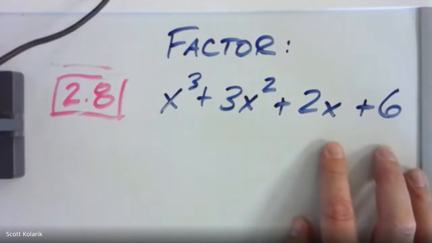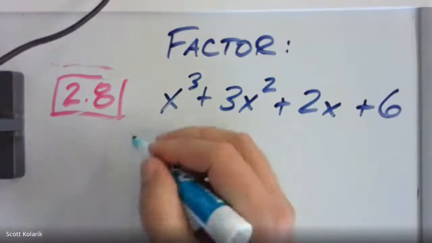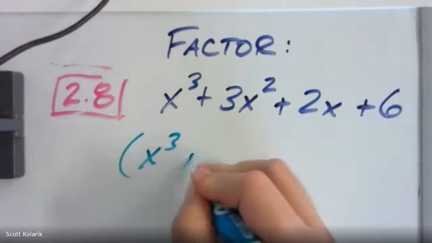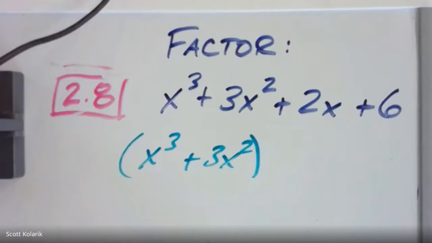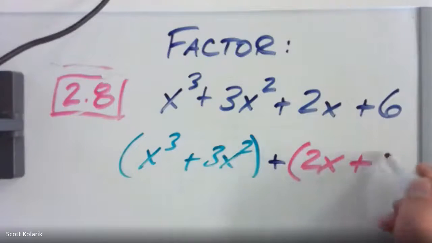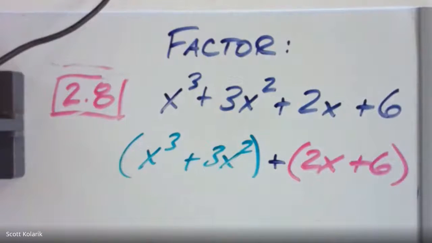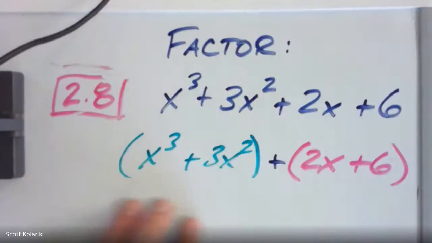This was from our first day in section 8. In this case, I'm going to group the first 2 terms and then the second 2 terms together. So I'm going to have x cubed plus 3x squared, and then my second group, 2x plus 6. In each of these groups, I'm looking to pull out a common factor.